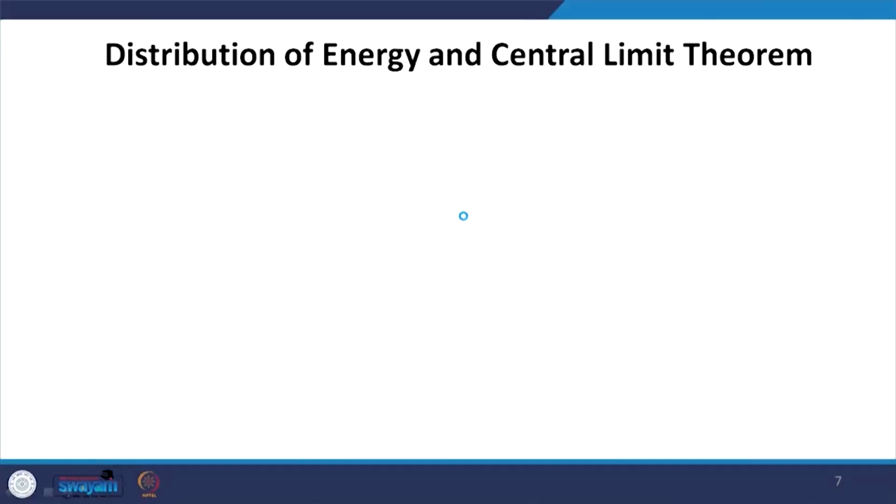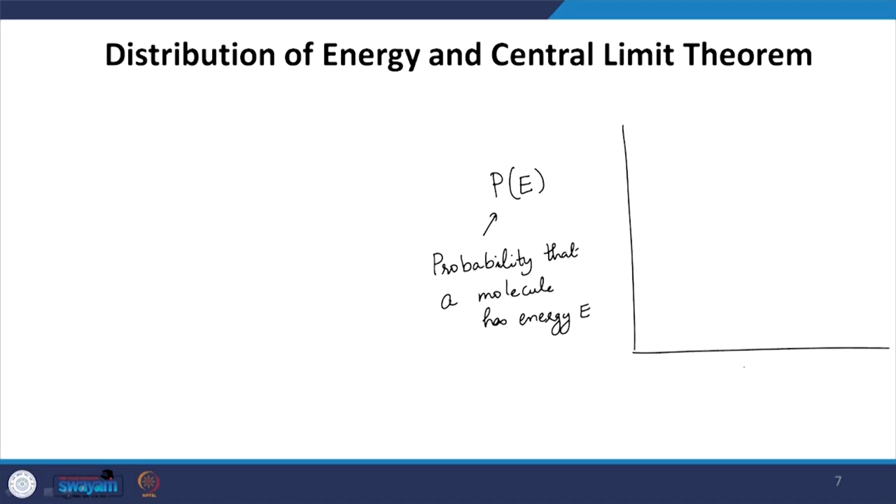So, now going back to the argument I was making regarding the uniform distribution, if for example, I look at the probability that a molecule has energy E versus the energy E, although all the molecules having the same energy is highly unlikely, but the energy having near that value is going to increase, or the distribution will get narrow as n increases, the number of molecules increases, and in molecular system we have like n of the order of 10 to the power 23 or higher.